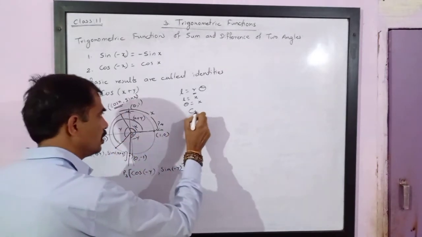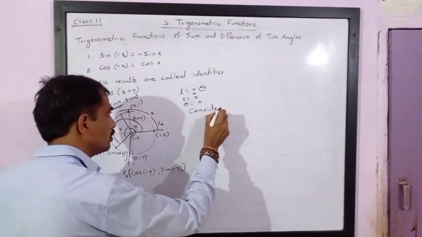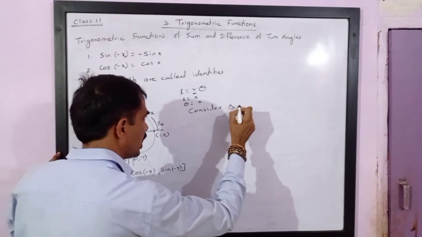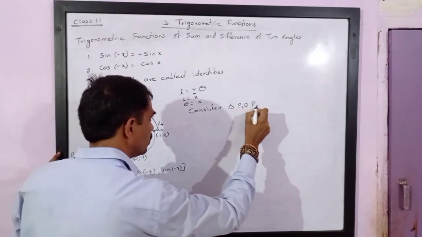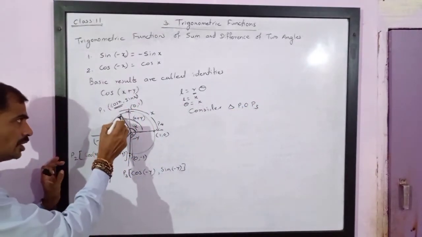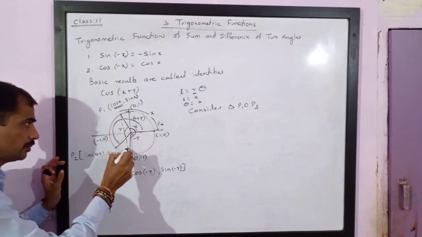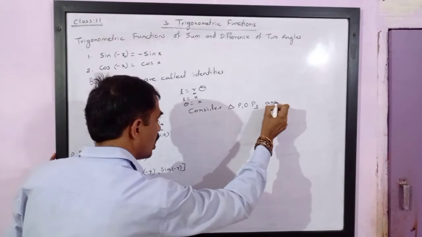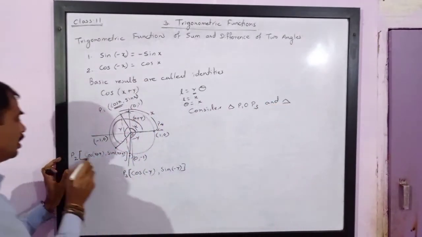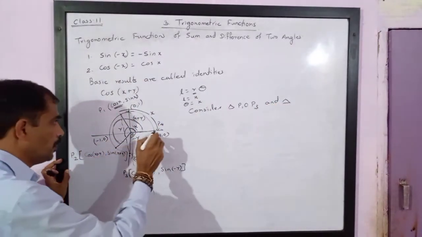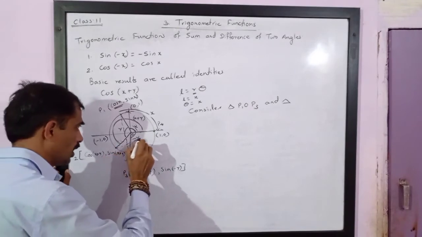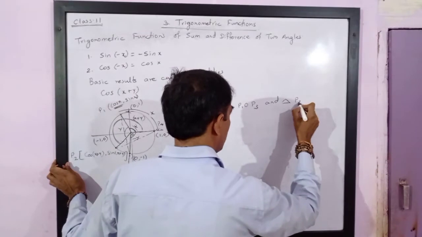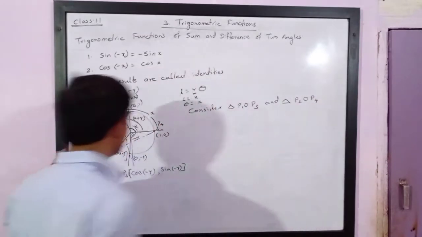Consider triangle P1 O P3, and another triangle, consider triangle P2 O P4, this triangle.